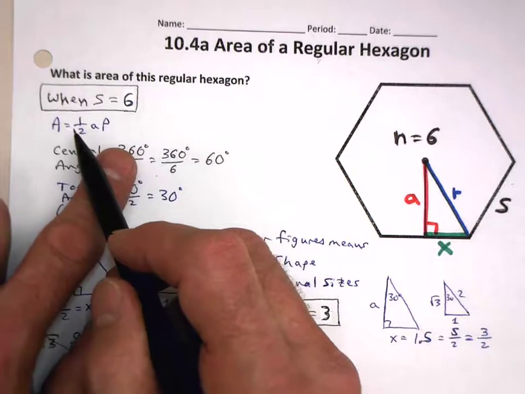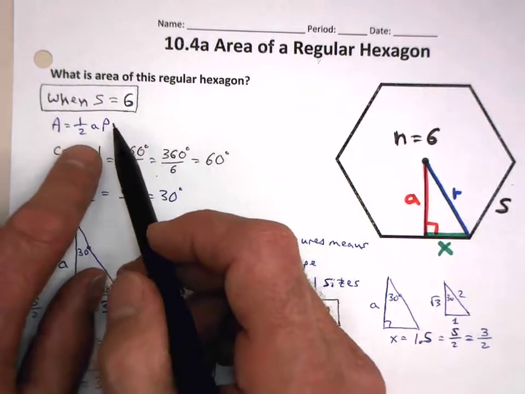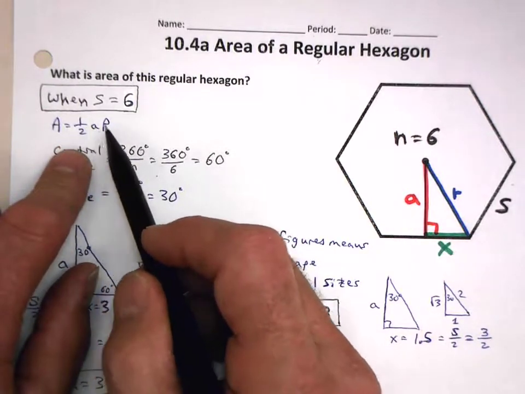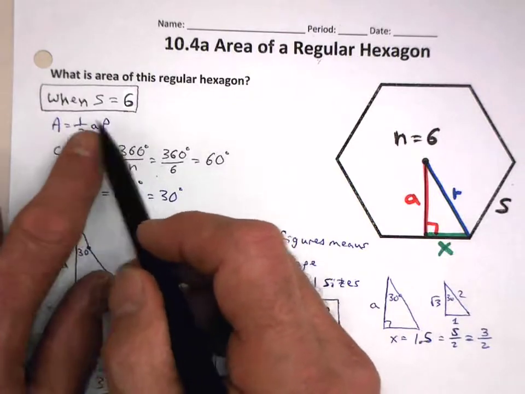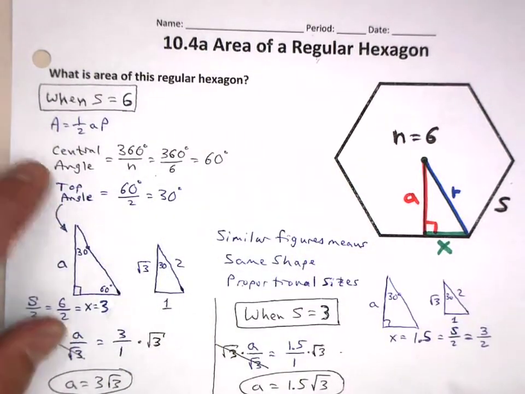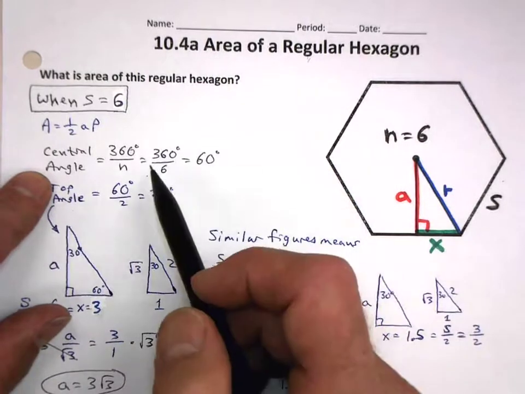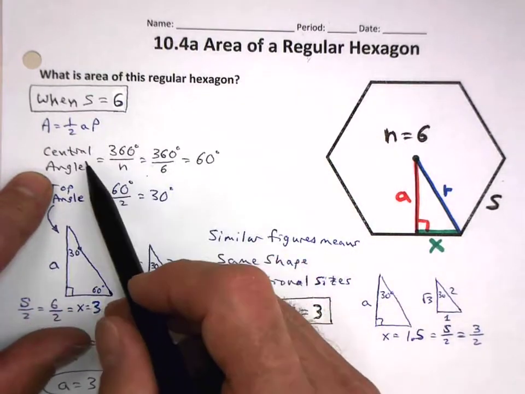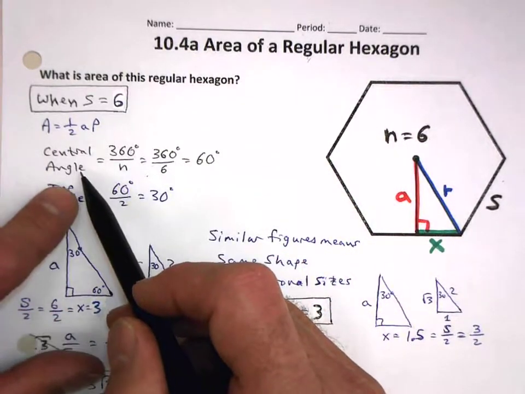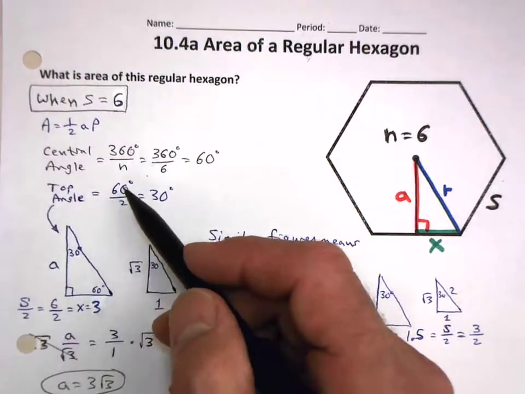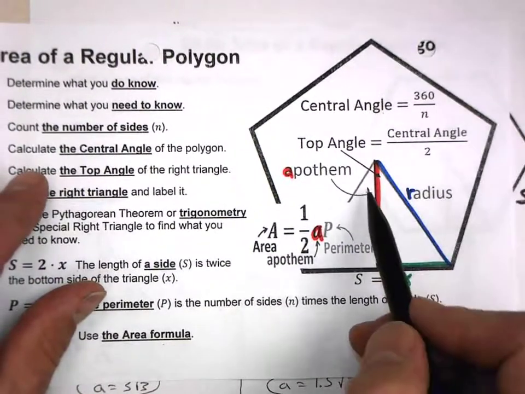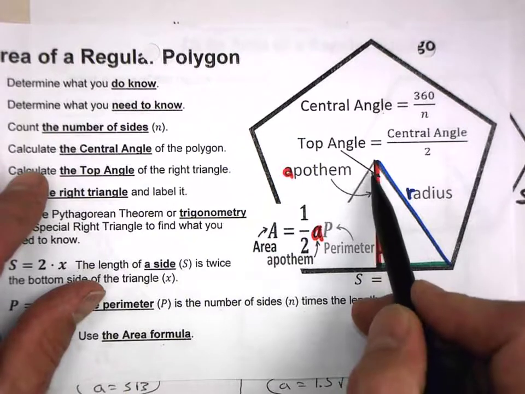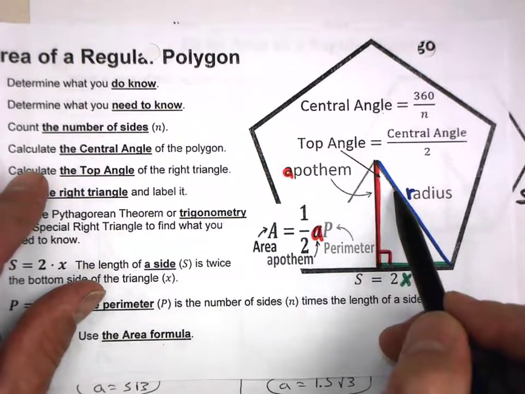Sometimes you'll see that switched. I think in some of my posters I have 1/2 perimeter times apothem, but it does not matter what the order is. Our first calculation that we can always do is find the central angle. You remember the central angle is this entire angle going from radius to consecutive radius.